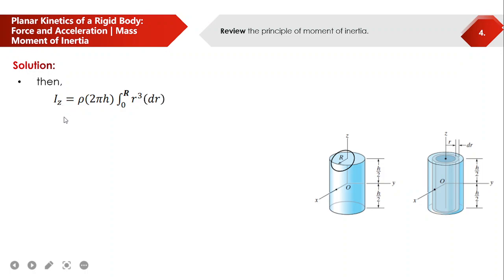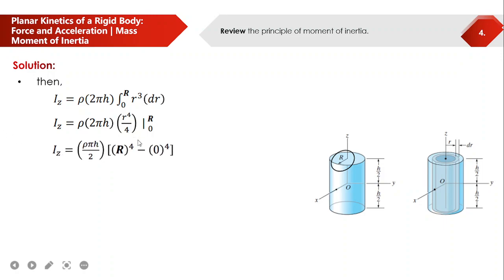So I sub z equals rho times 2 pi h, the constants taken out, and then the integral of r cubed dr from 0 to r, which is r to the fourth over 4 from 0 to r.